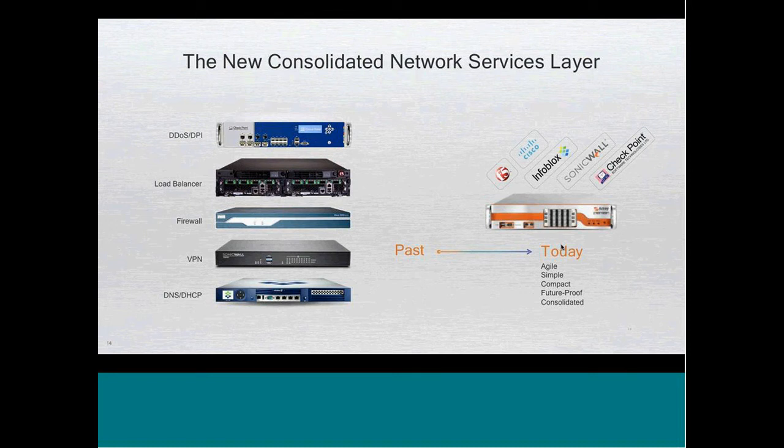It's simple. It's compact because you save a bunch of rack space. It's future-proof because if there is no functionality available, you can download it from a vendor of your choice. And it consolidates lots of networking functions on one single platform without compromising on performance. That has been one of the challenges in the past.